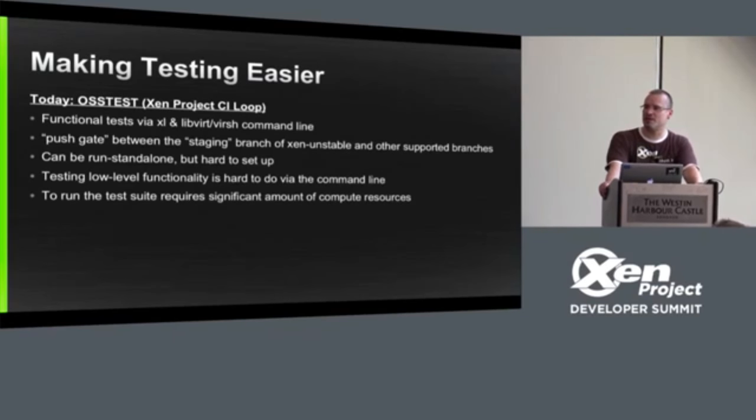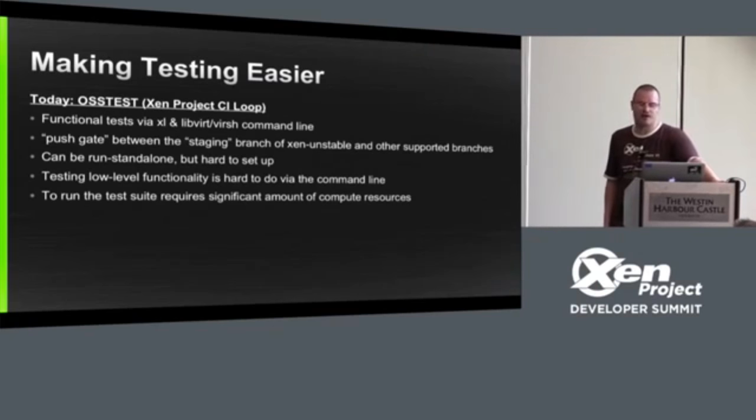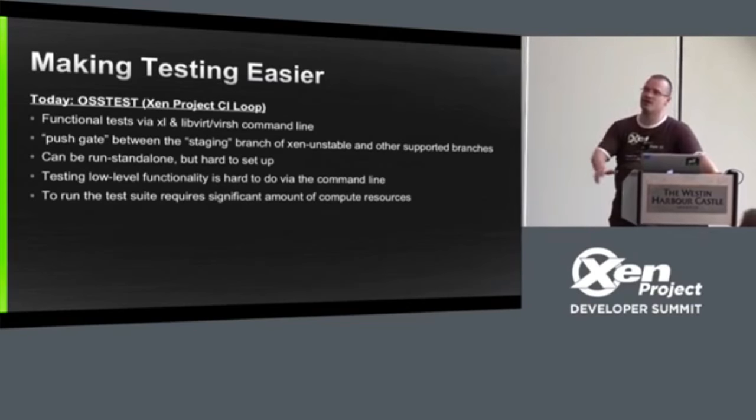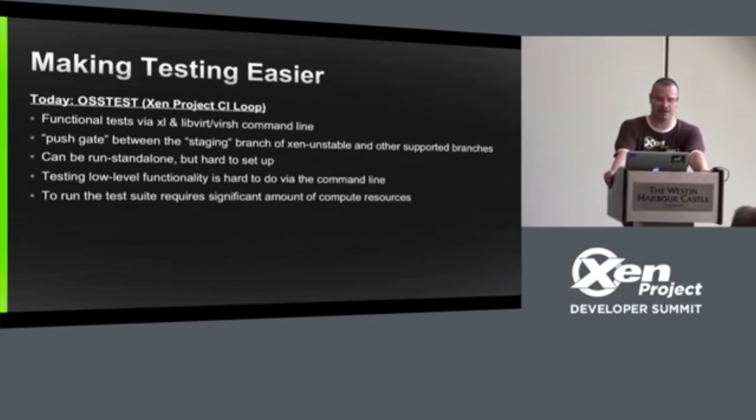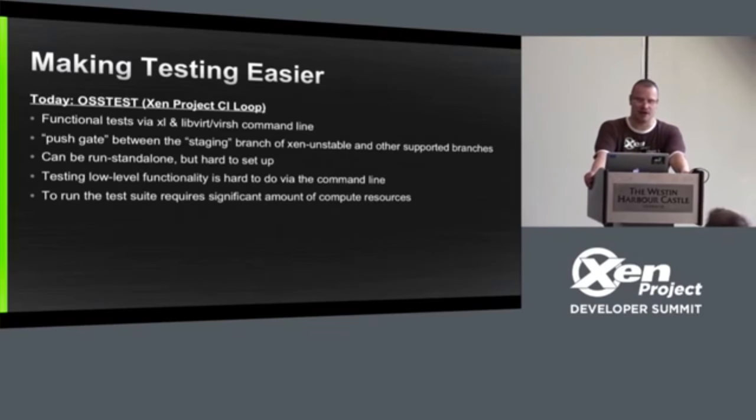Testing and quality has been becoming increasingly important for us as a community. So the advisory board has funded OSS test, which is our Xen Project CI loop. We have a rack of various different pieces of hardware there, and that provides functional tests via the command line, either via Excel or libvirt and virsh.